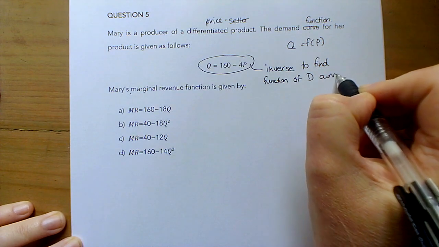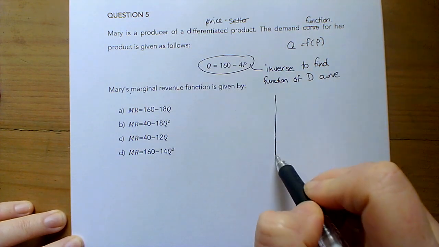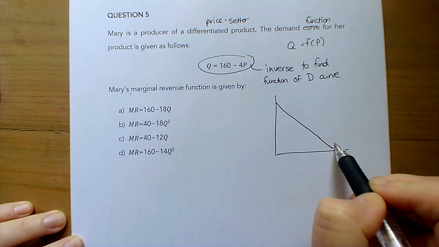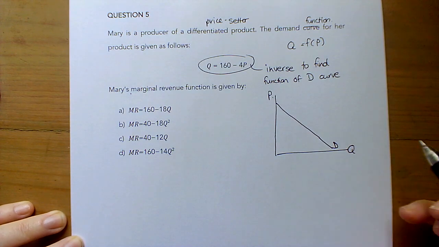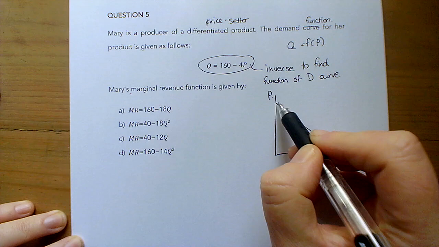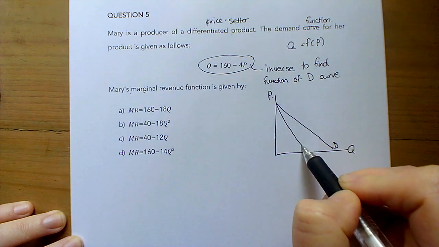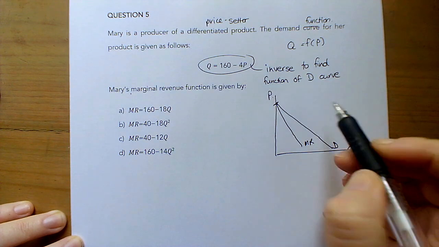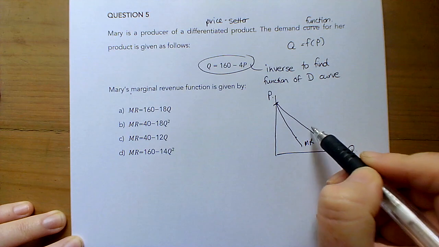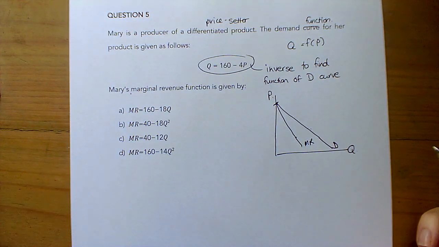The reason we need the demand curve, which has price on the y-axis and Q on the x-axis, is that once we have this function, we can very quickly find our marginal revenue function because it will have the same y-intercept, but it will be twice as steep as our demand curve.